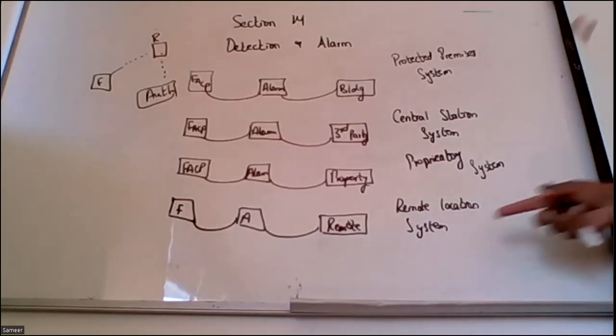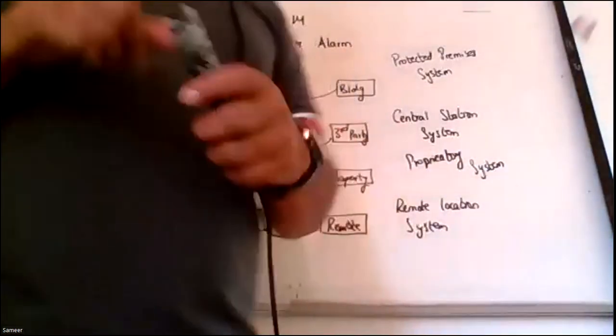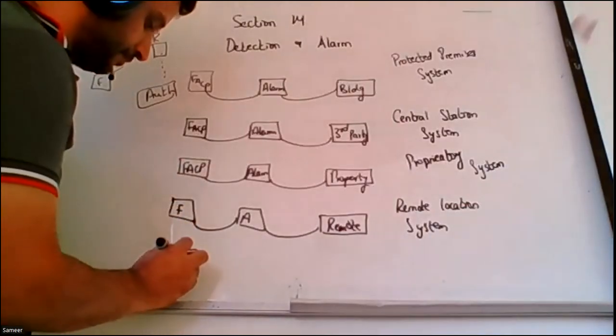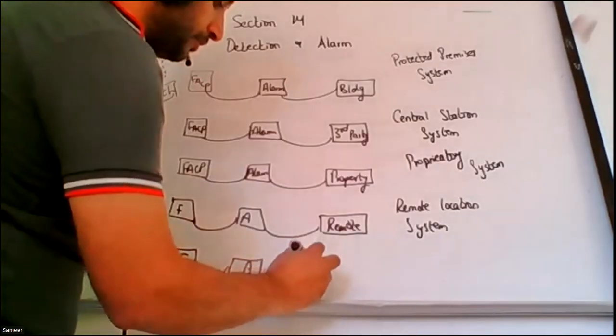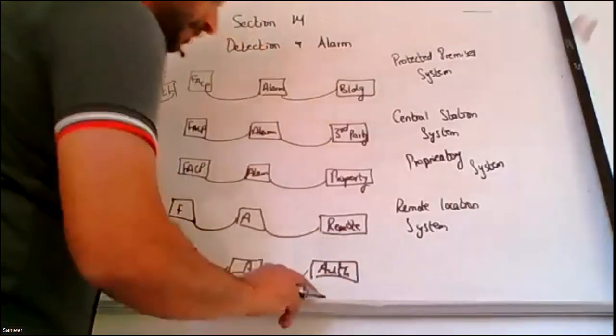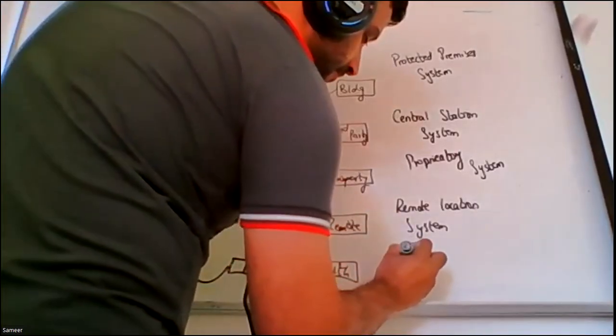Okay, so this type of system is a remote station system. The only system that sends an alarm directly towards the authorities, usually we have these boxes also, 24/7 boxes. The only system that sends an alarm directly to the authorities is an auxiliary system.